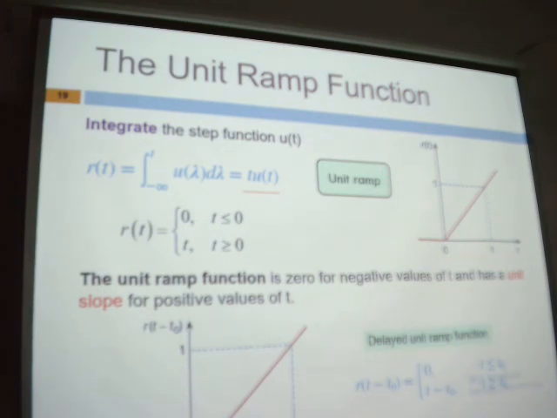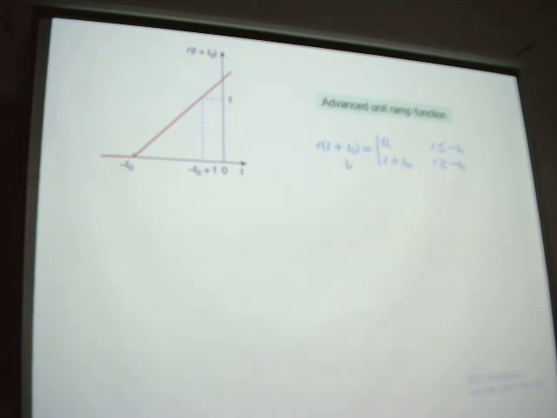The delayed function is like this: if t is smaller than t0, it is still 0, and if t is greater than t0, the value is t minus t0. The advanced ramp is similar, but because this one is plus, we move the figure to the left-hand side, and it is easy to calculate the value of this point.